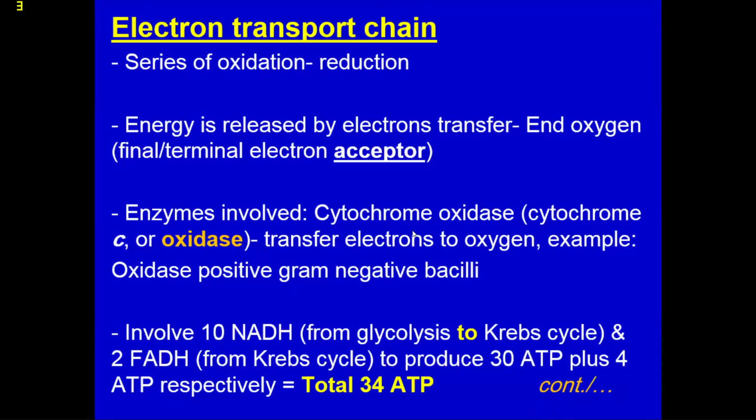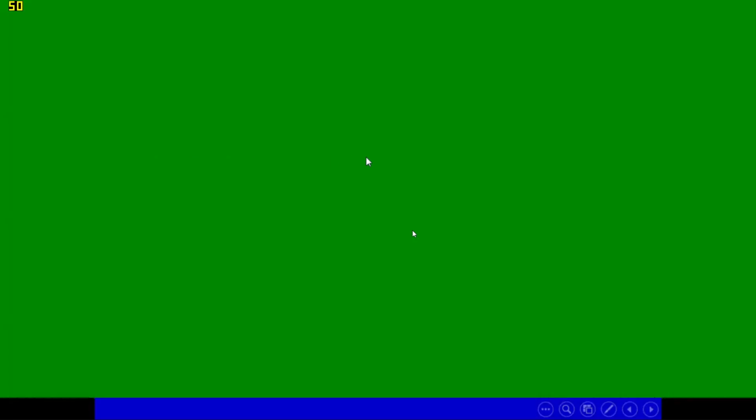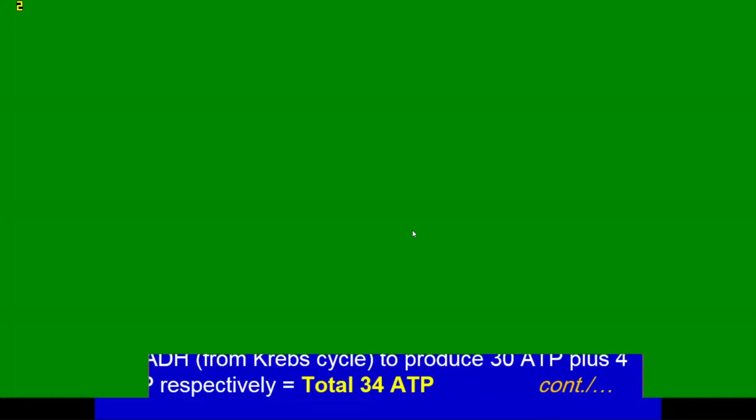The electron transfer goes to the end, oxygen, the end product, you remember. Oxygen is the final terminal electron acceptor, meaning it accepts the electrons.